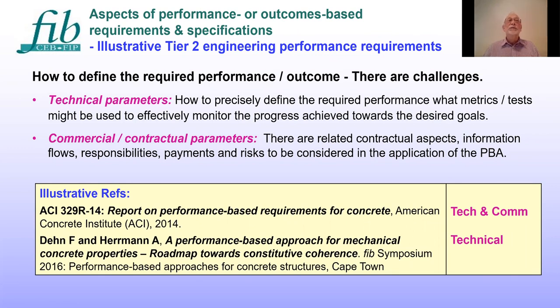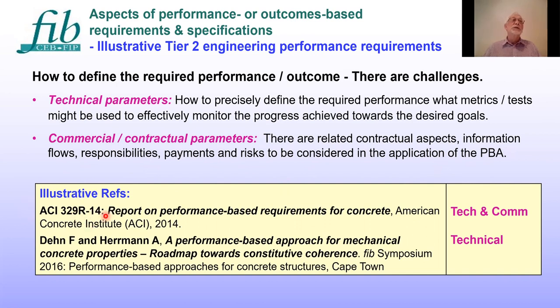But also it's important to recognise that you need to have commercial and contractual parameters included in this, because there's other aspects in terms of contractual relationships, information flows, responsibilities, the amount of payment received, the risks to be considered, and who carries those within the team.